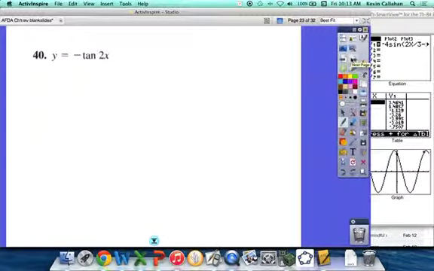Okay, so if we had to graph something like this, we're going to set our window to minus a period to plus a period.